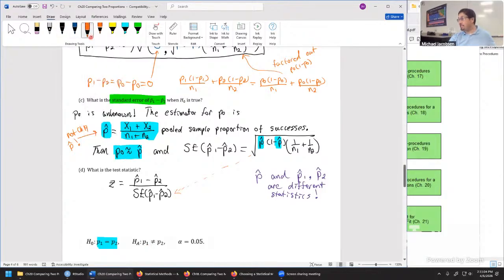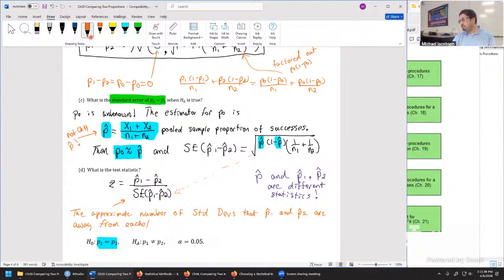So let's write down just one more comment here, that this is equal to the approximate number of standard deviations that p hat 1 and p hat 2 are away from each other when they should have been close, when H naught, p1 equals p2, is assumed true.